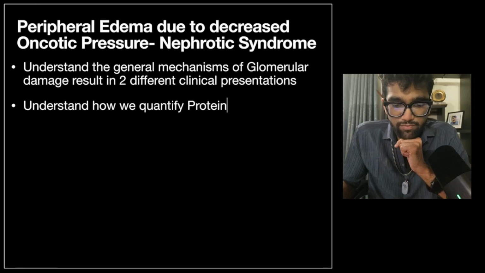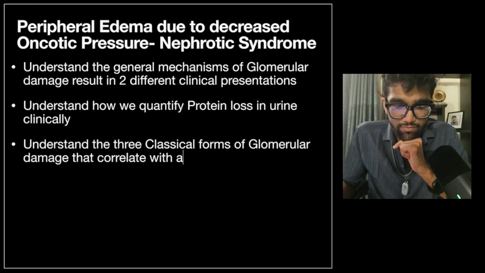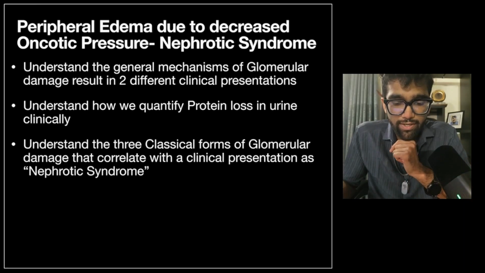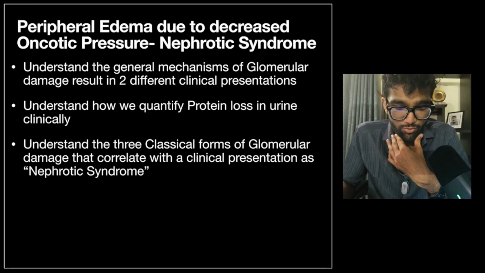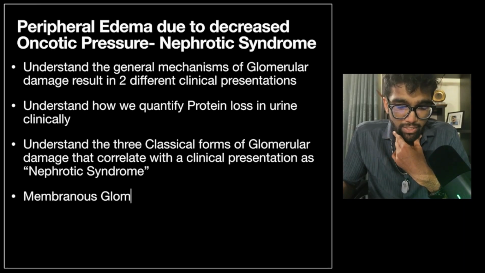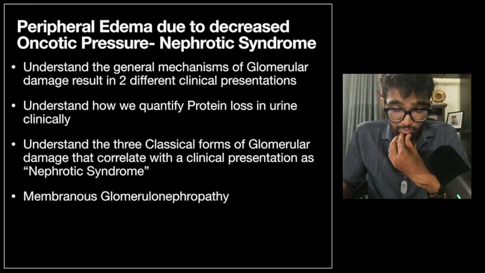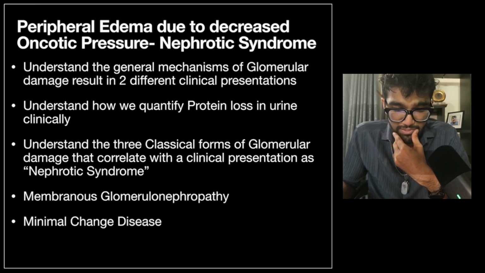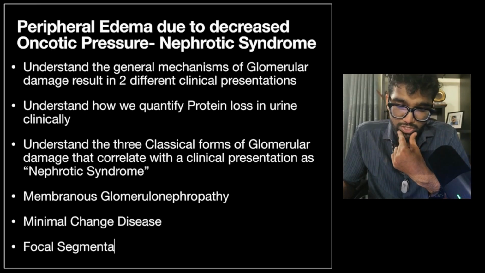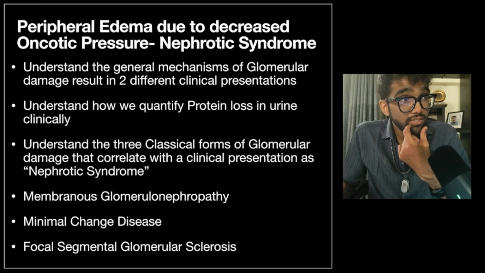The second thing that we'll do is understand how we quantify urinary protein loss clinically. Then we'll understand the three classical forms of glomerular damage that correlate with the clinical presentation of nephrotic syndrome. This will include membranous glomerulonephropathy, minimal change disease, and focal segmental glomerulosclerosis. So these are the topics that we'll be discussing today.